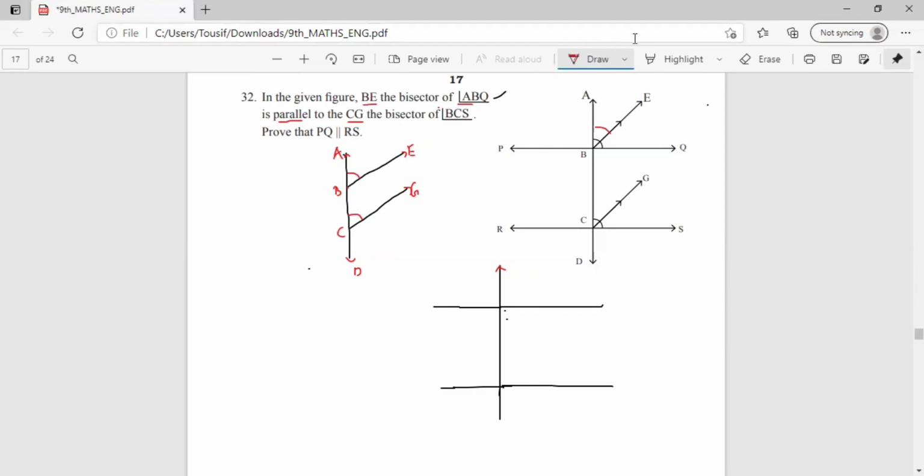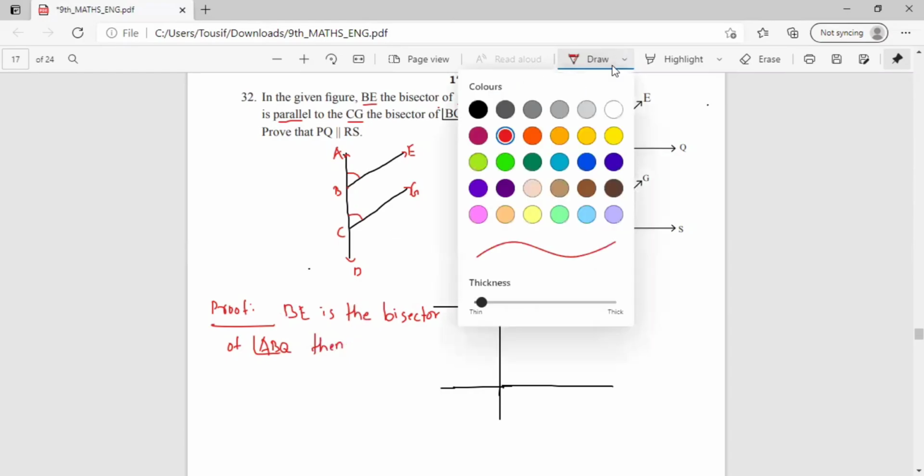So let us start the proof. Proof: as BE is the bisector of angle ABQ, then what can we say?